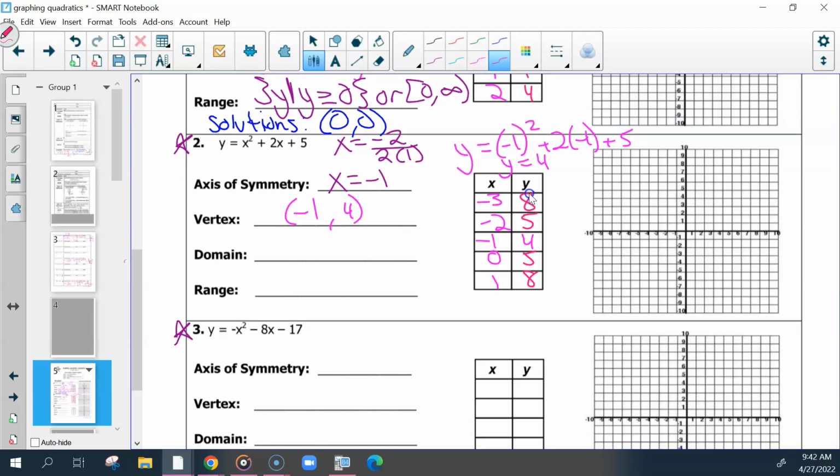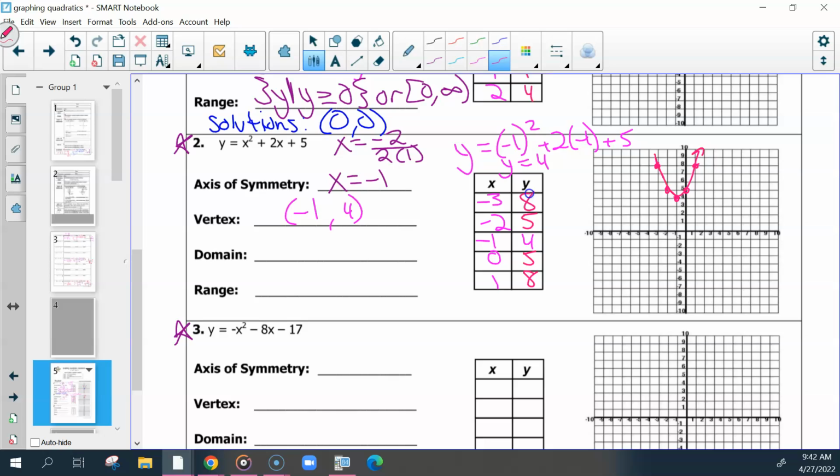Yes. Negative? Yes. Find the x-value for the y. Negative 3, 8. Negative 5. Negative 4. 0, 5. 1, 8.